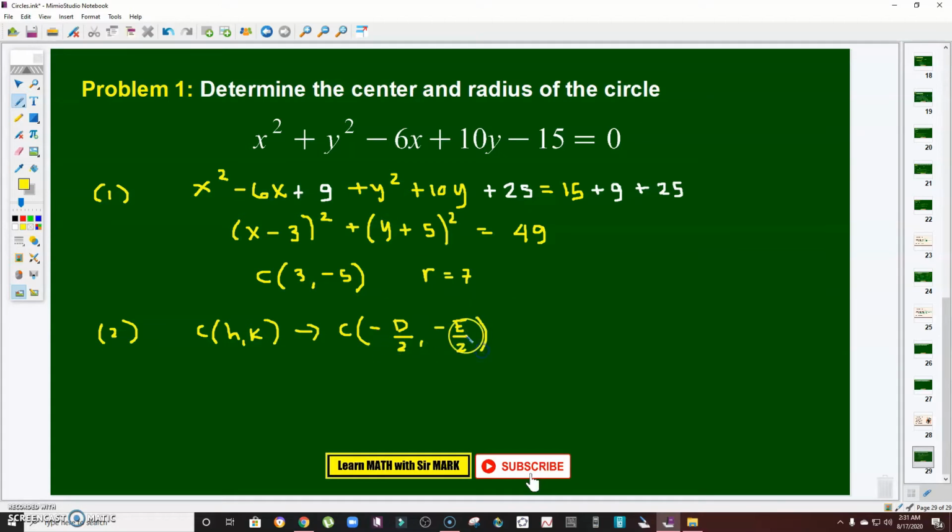Again, d and e are the coefficients of x and y respectively. My d is negative 6, my e is 10. This is the alternative formula to get the center.